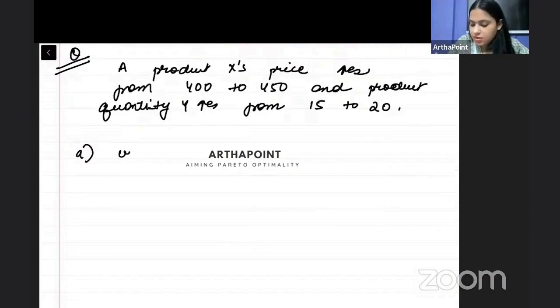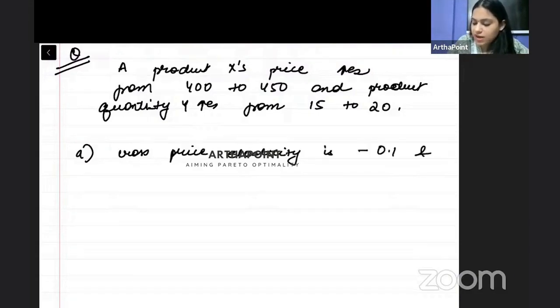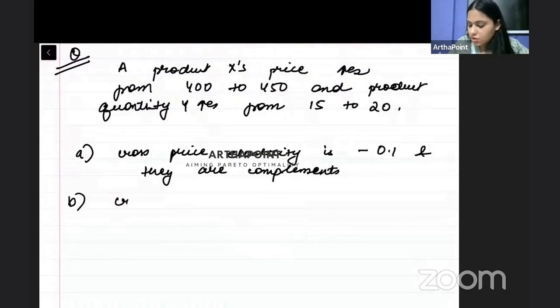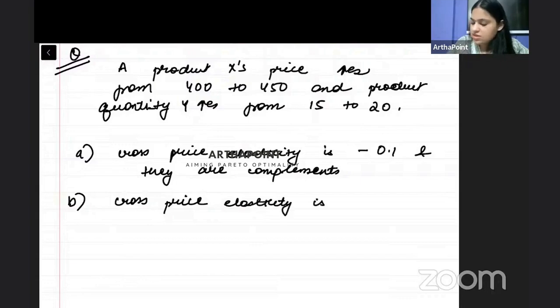First, cross price elasticity is minus 0.1 and they are complements. Second, cross price elasticity is 2.43 and they are complements.